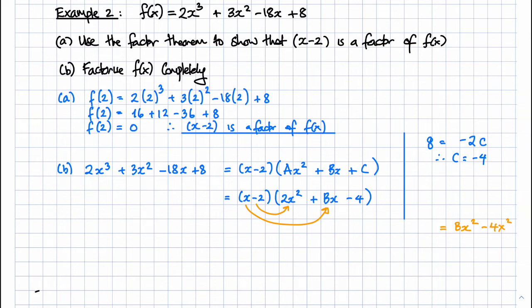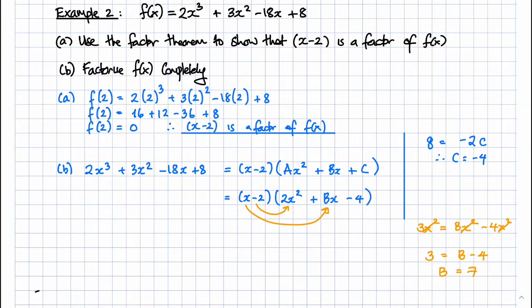Now we're going to say that should be equal to 3x squared, which is the term on the left hand side. So let's ignore the x squareds, so strike them out. So we're left with 3 is equal to b minus 4, and guess what? b is equal to 7.